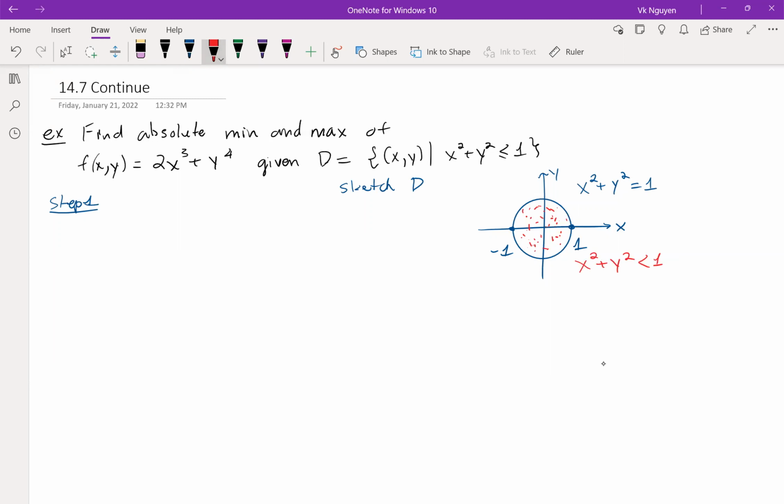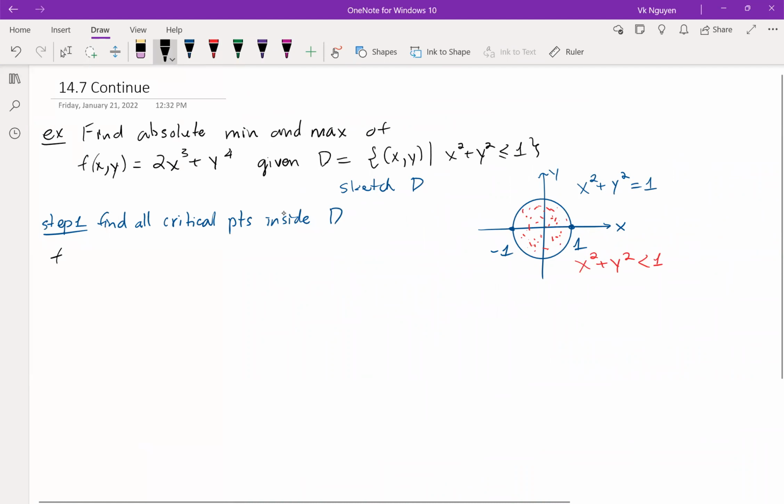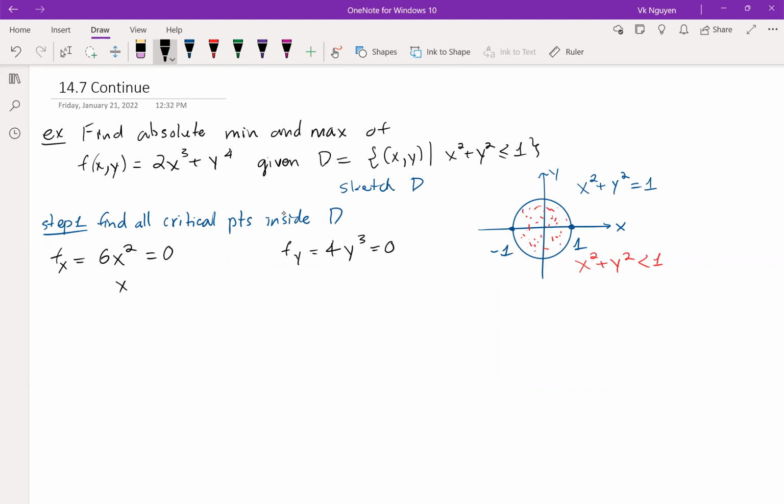So step one is that we're gonna find all the critical points inside the region. fx is set equal to 0, and then we have fy equal to 4y to the 3 set equal to 0. So we have x equal to 0, y equal to 0.